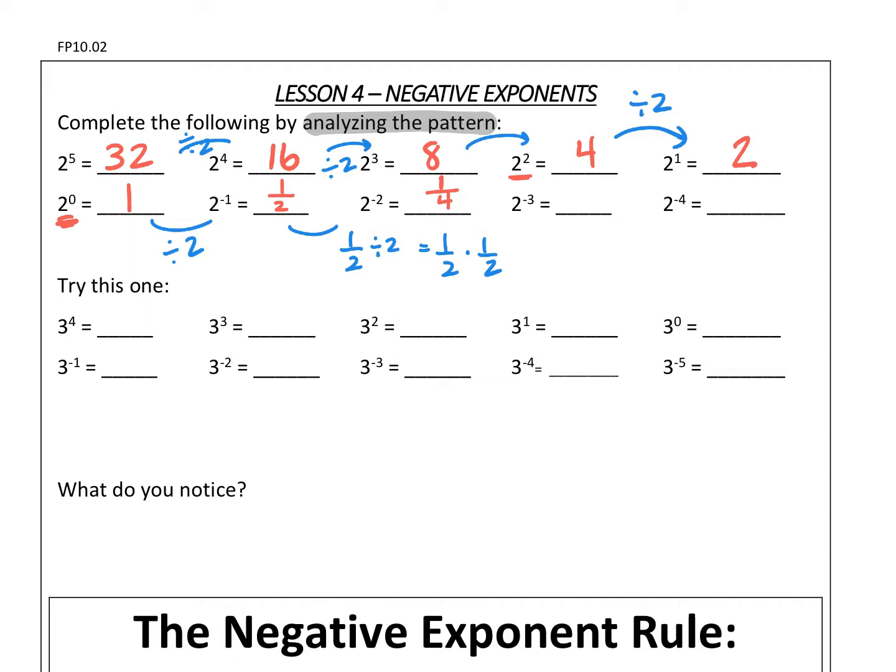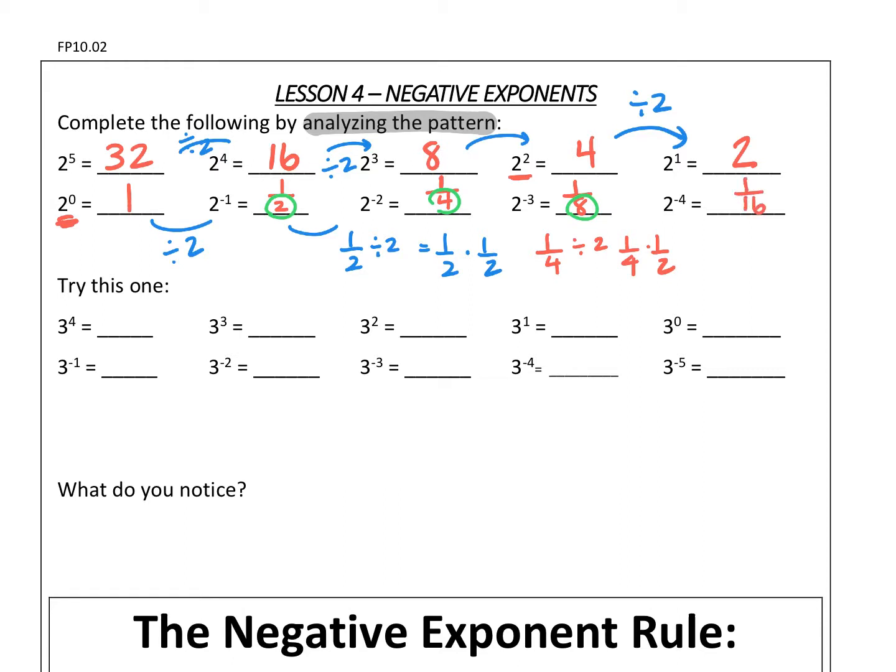So if I divide a quarter by 2, it means a quarter times a half, which is 1/8. So you can see what's happening to our denominator there. It's multiplying by 2. So this last one's going to be 1/16.